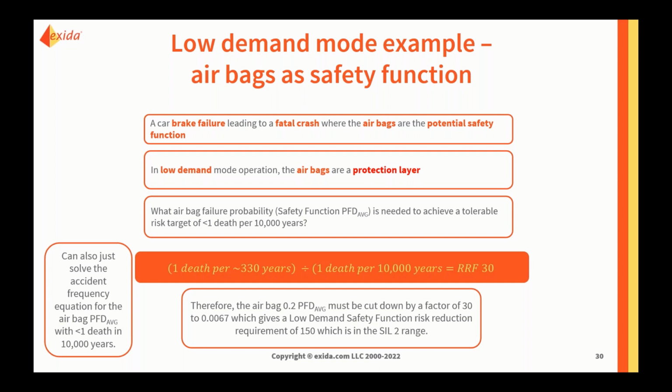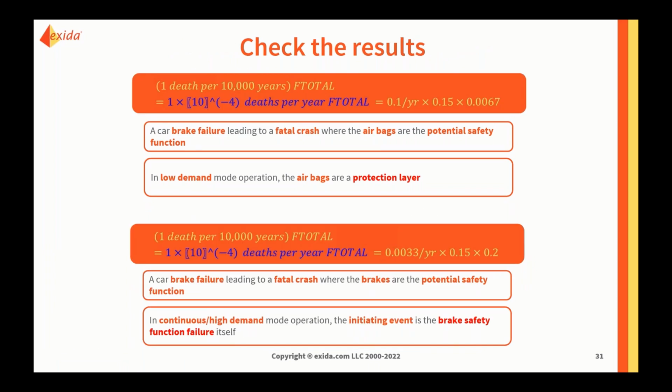All right, so we've got our low demand safety function airbags and our high demand safety function brakes, both demonstrating here that they can each individually achieve the 1 death in 10,000 year target by improving their performance by a factor of 30 from our base case design, which in the low demand case gives us a total risk reduction factor of 150 for the airbags.